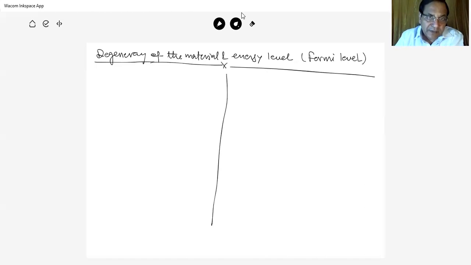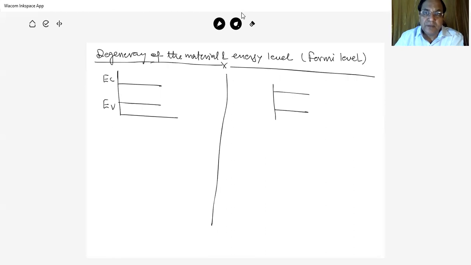This one is N type, that is Ev and Ec. Here it is P type, Ev and Ec. Now we have shown the rise of the Fermi level up to the conduction band and above the conduction band.